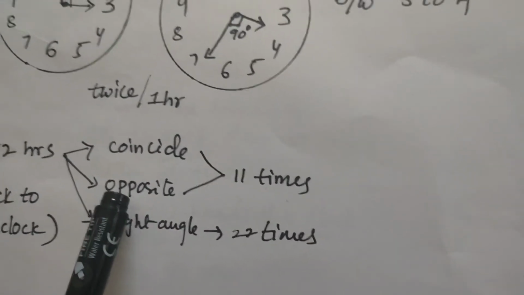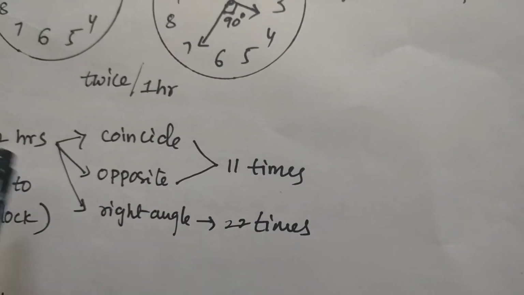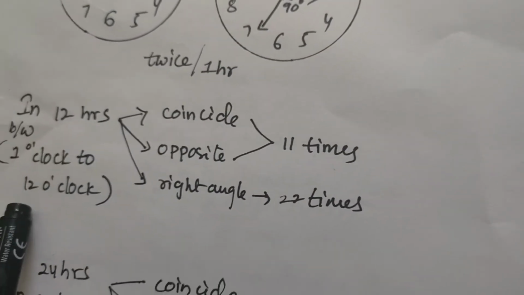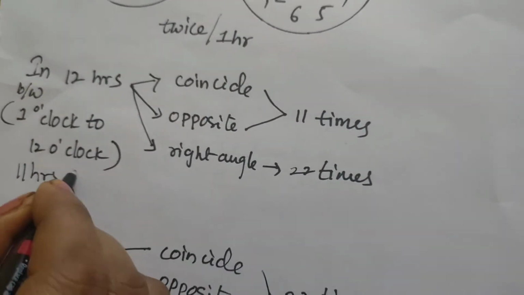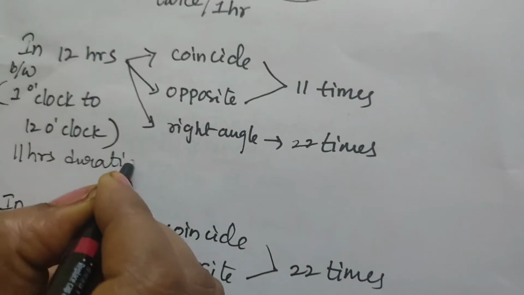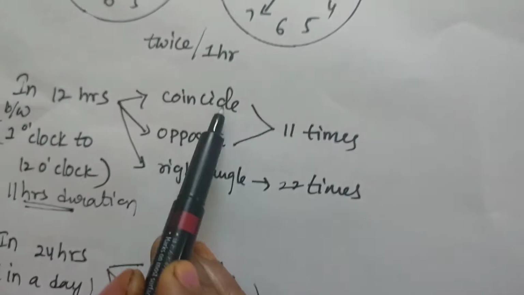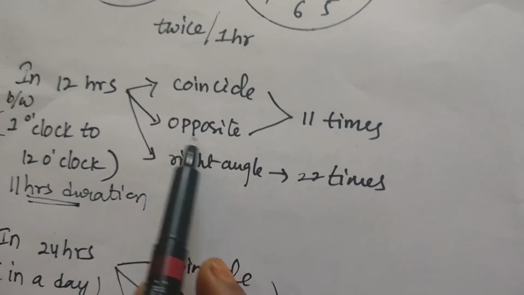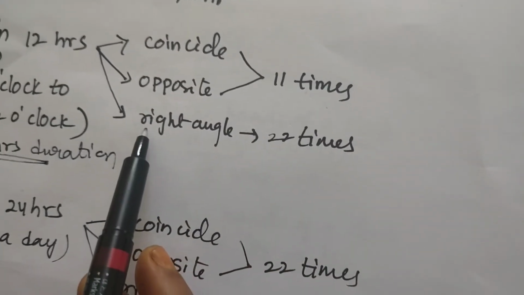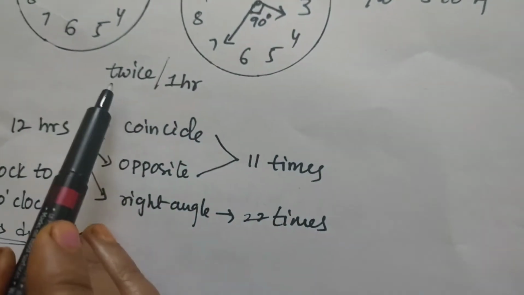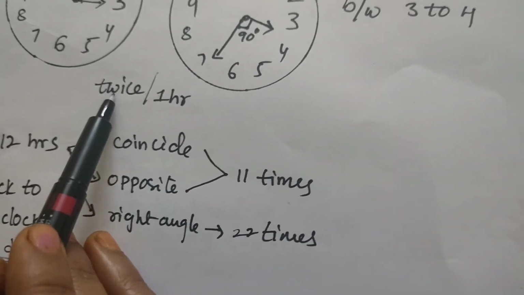In the same way the hands will be in opposite direction 11 times. In 12 hours we have 11 hours duration, so in that duration the hands coincide 11 times and are also opposite in direction 11 times. In 1 hour the angle is 90 degrees 2 times, right?